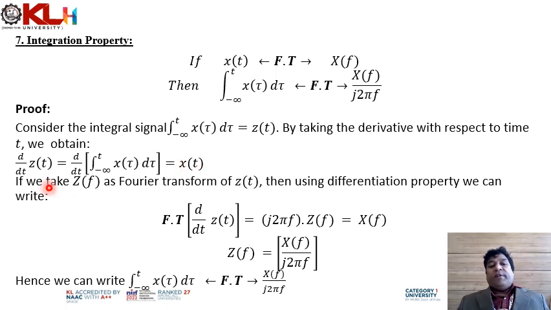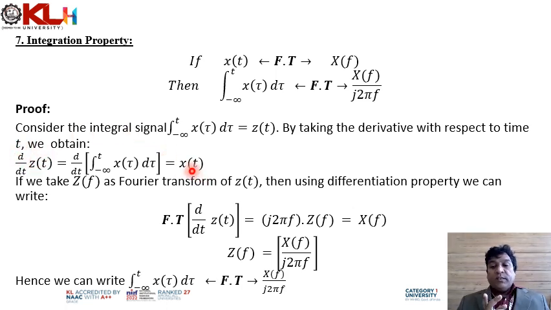Now if we take the Fourier transform of z of t as capital Z of f, then we can use the differentiation property, because d by dt of z of t is x of t.